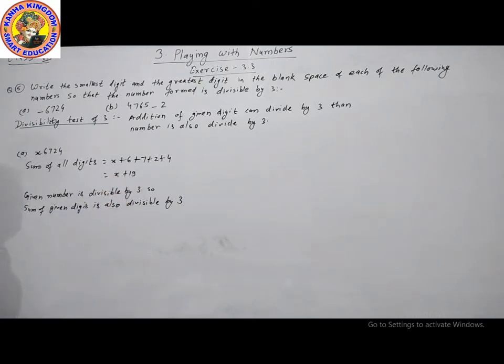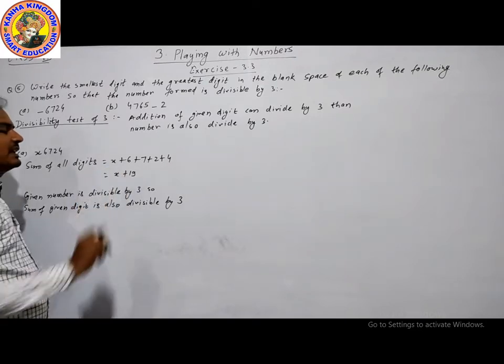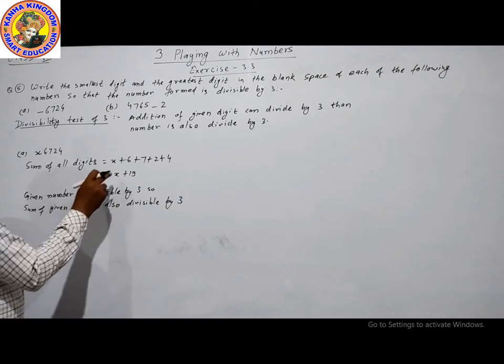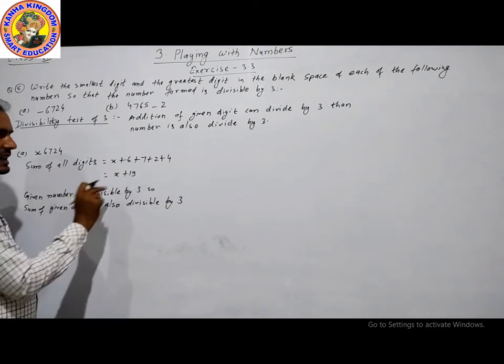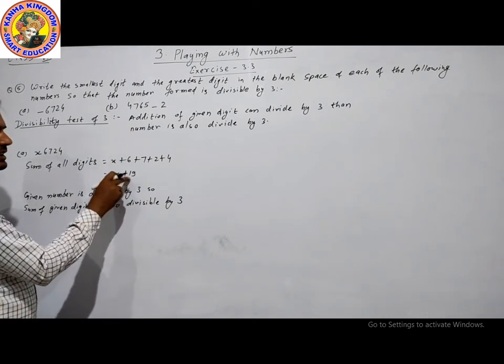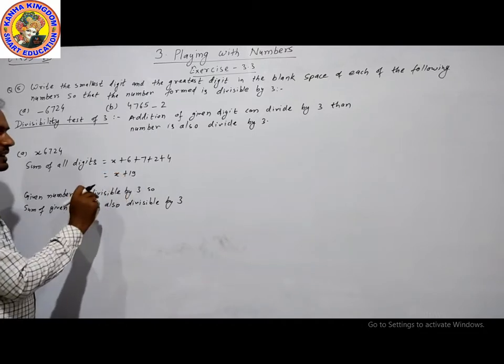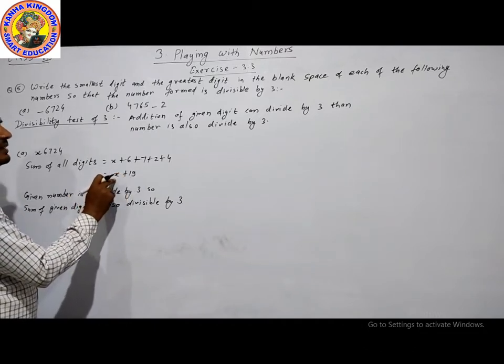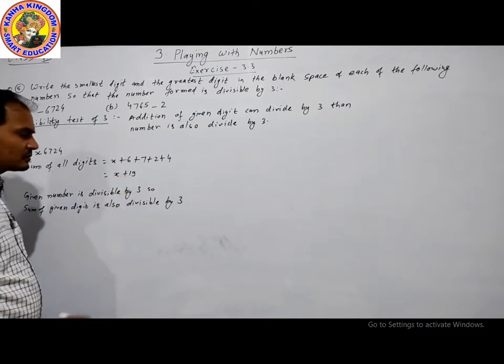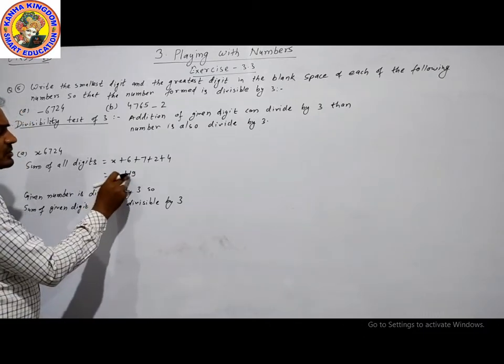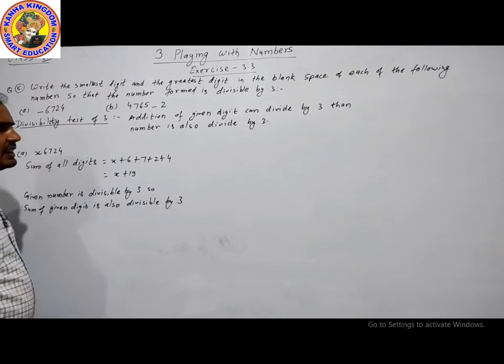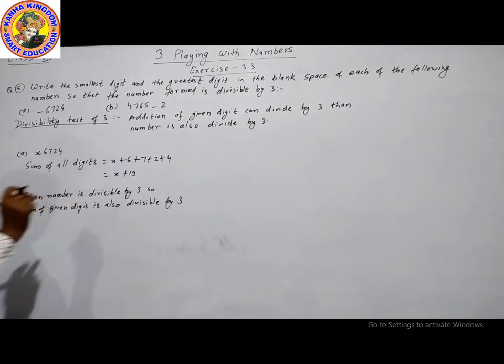For what value of x can the number divide by 3? When we place 0, the answer is 19. 19 cannot divide by 3. When we place 1, 1 plus 19 is 20. 20 cannot divide by 3. When we place 2, this is 21. 21 can divide by 3.